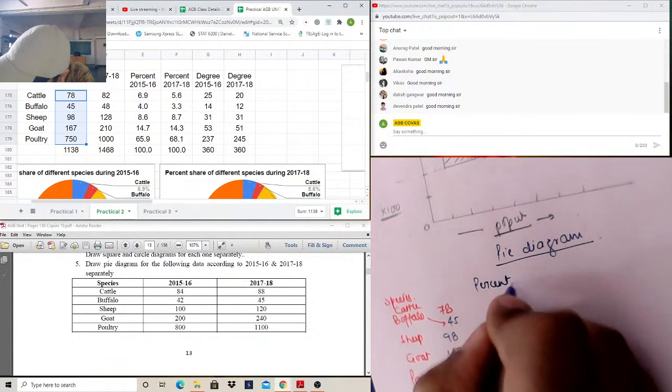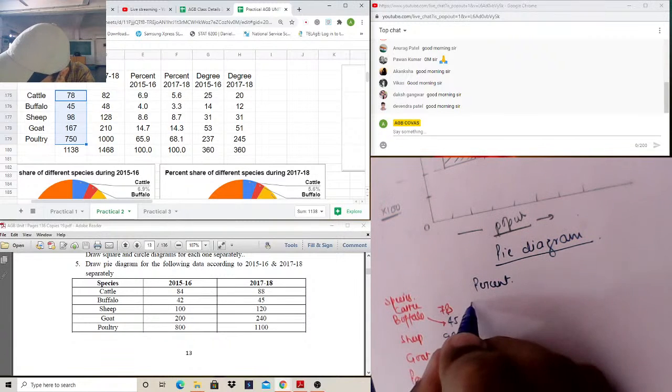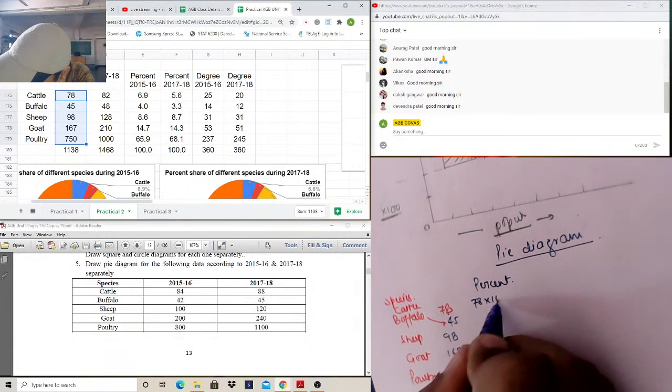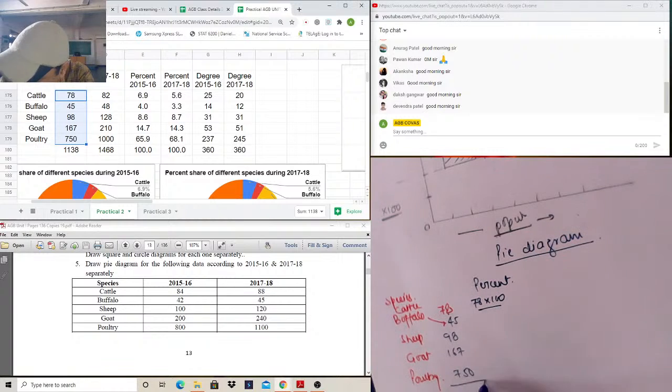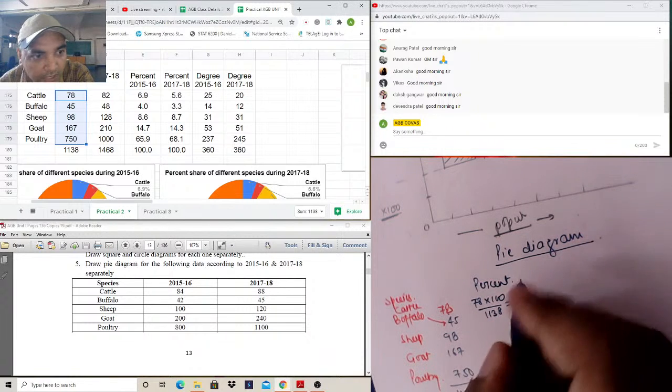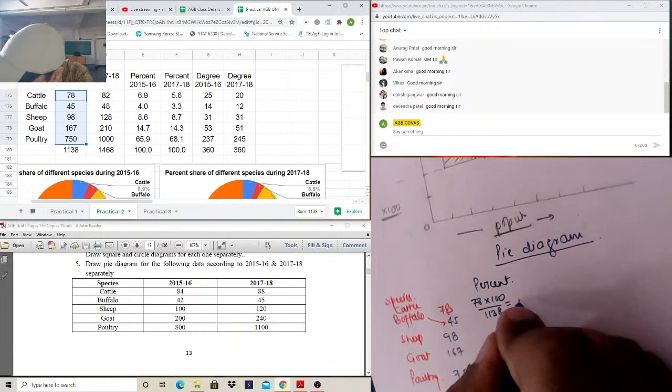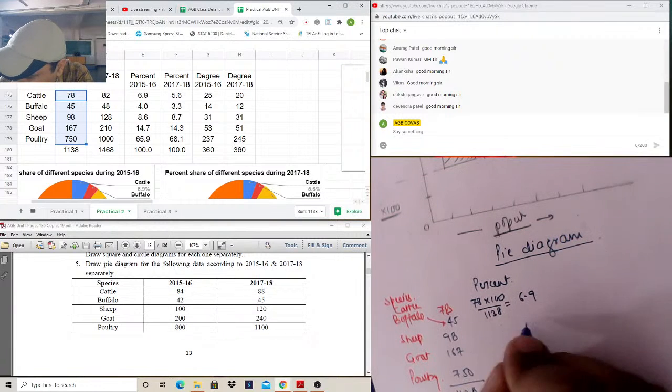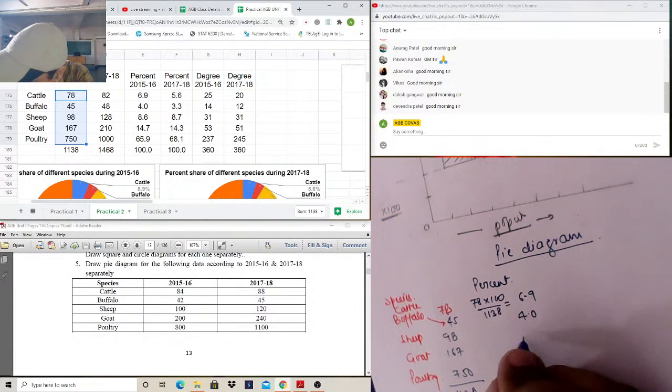How will you find the percent? That is 78 into 100 divided by the total of this. And what is the total? 1138. It will be equal to around 6.9. For buffalo, it will come out to be 4%. Then comes 8.6.